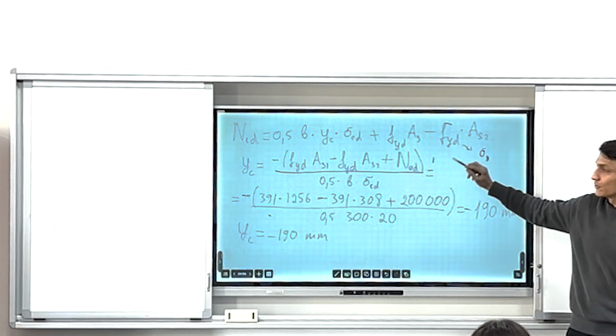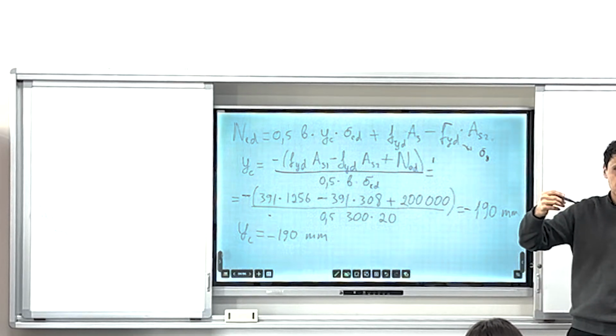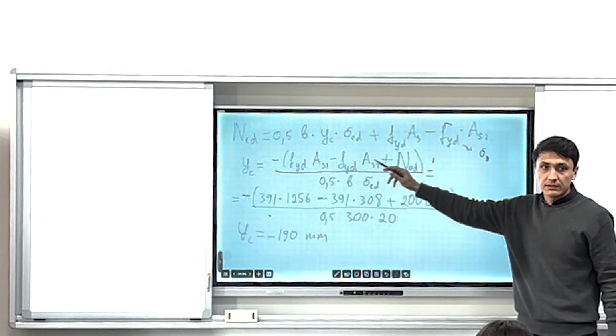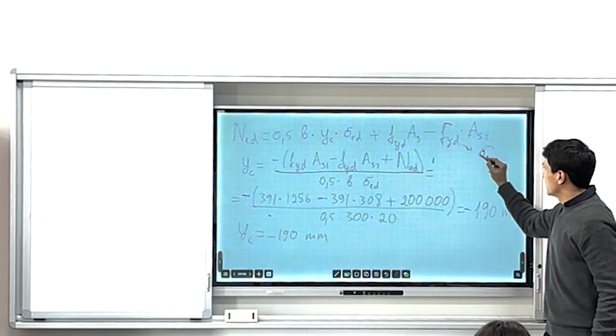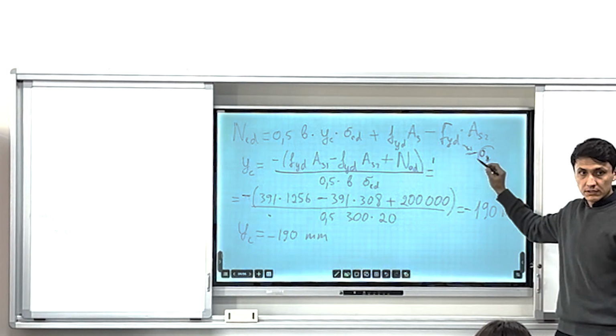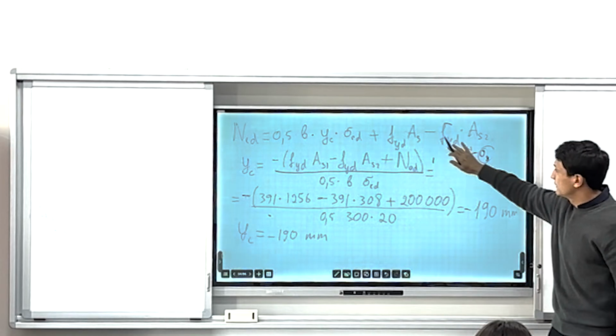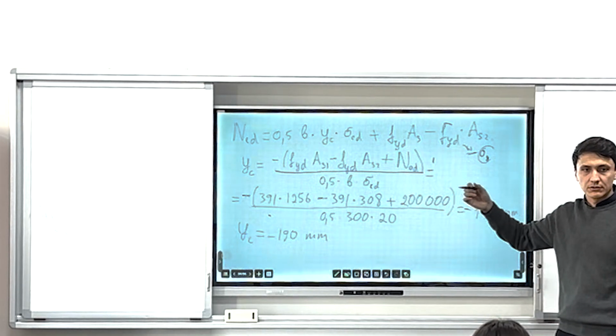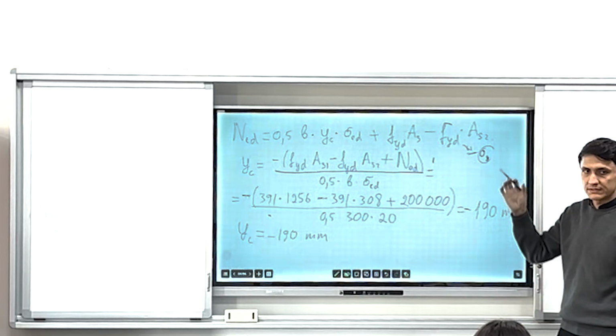Again, see. What I'm trying to tell you is that now when I'm trying to find NRD, my sigma is minus. But here my sigma is plus. So that's why I'm putting minus, because I know that it's compressed.